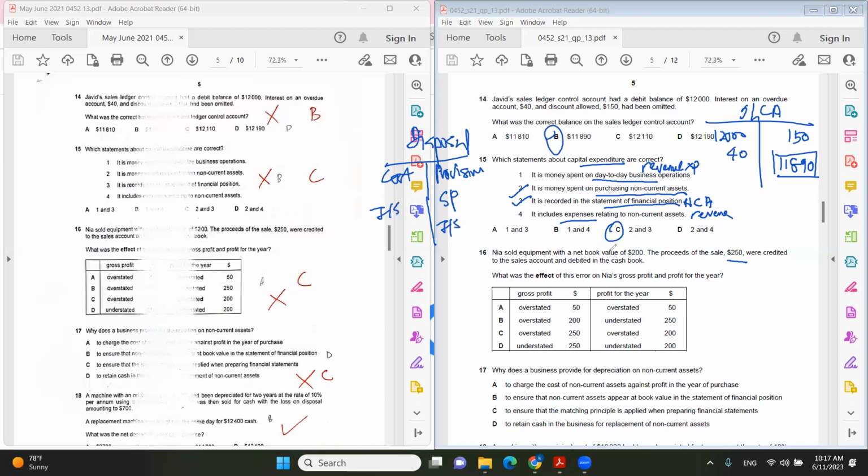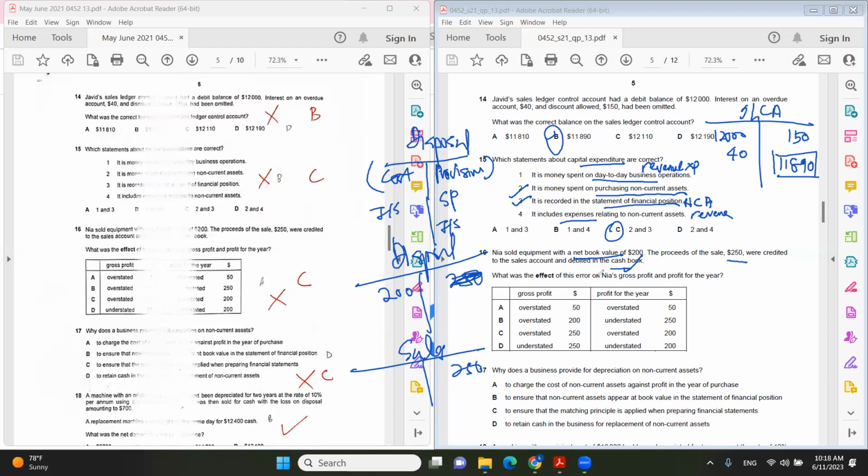So based on this information, the net book value means cost minus provision for depreciation. So we have the net amount 200 in here. The proceeds of this one, 250, by right should be sitting in here. But we go and make a mistake. We go and credit sales. This one we didn't record it. We put credit sales and then we debit cash book. That means cash book is correct. This one is not wrong. Wrong is this account. We're not supposed to put the sales account.